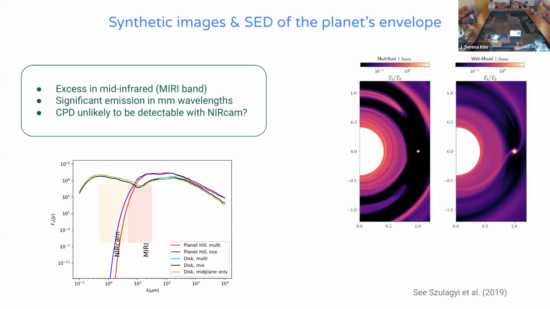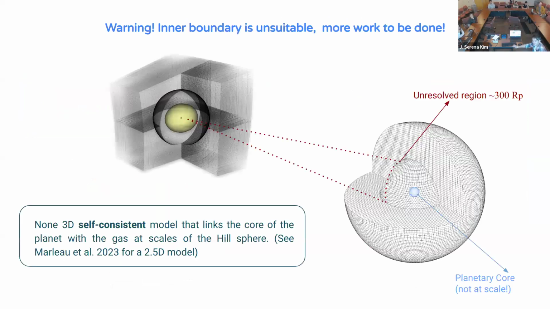I think we will keep looking. That's the future ahead, and the future also involves improving our models because there's a large scale that we do not resolve, which is about 300 Jupiter radii of the planet, at least for a 3 AU Jupiter-mass-like planet.